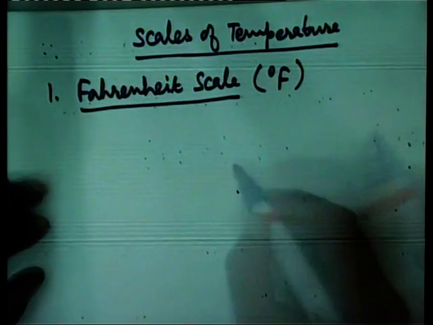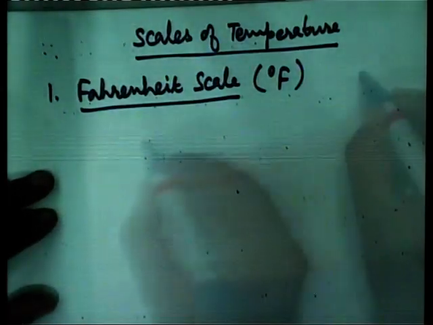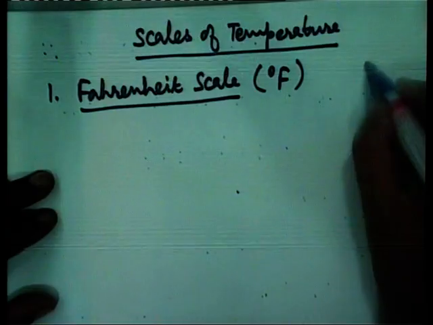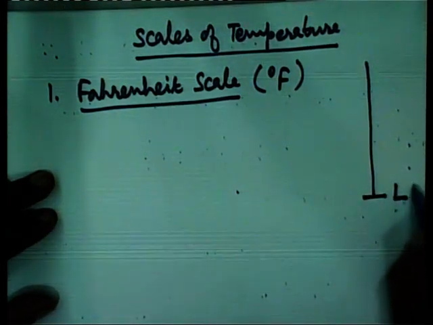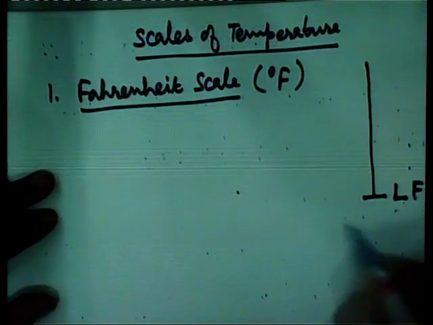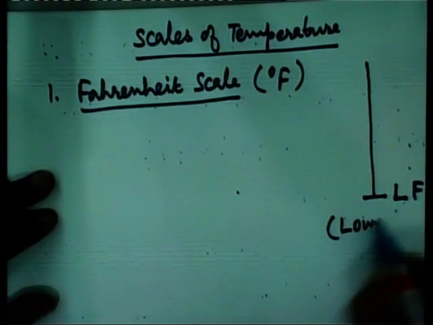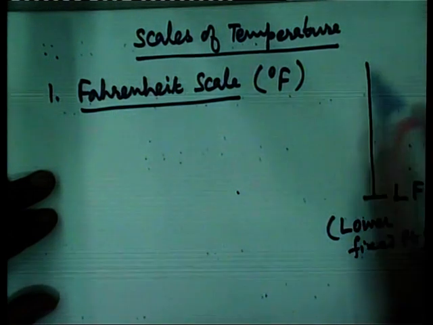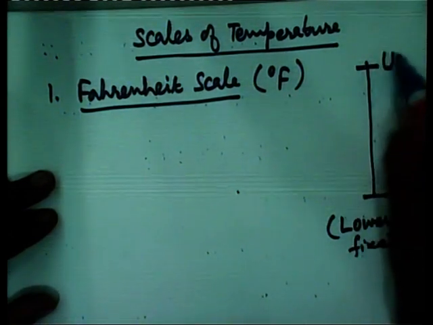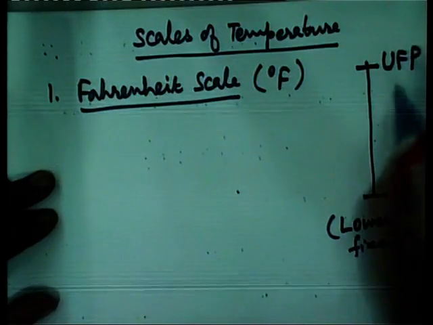Every scale has 2 points. One is called the lower fixed point. Another is the upper fixed point.